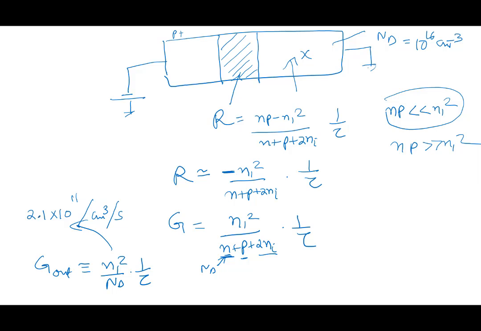That's the rate at which carriers are being generated. Per unit volume, 2.1 into 10 power 11 carriers are being generated per second. That's the generation rate outside the depletion region.